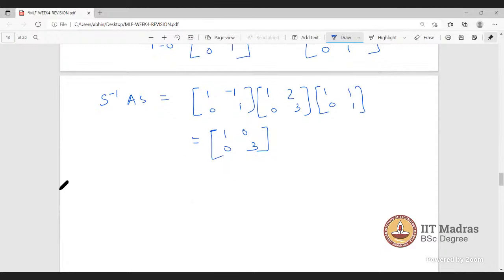Is there any short method for inverting a 3 cross 3 matrix? I don't know any shortcut for that. You have to go for 1 upon determinant A, then adjoint A. This always works.